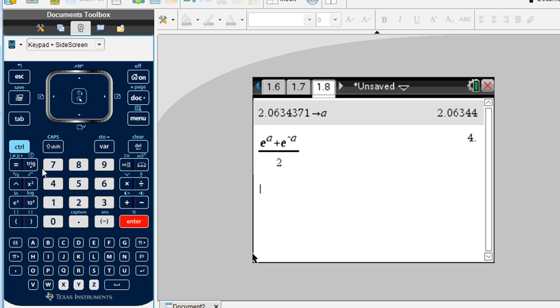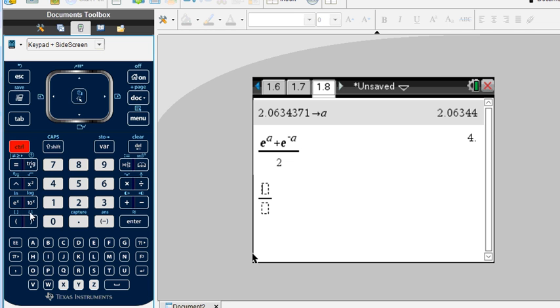Let's go to our calculator. X equals the natural logarithm of 3/50, right?